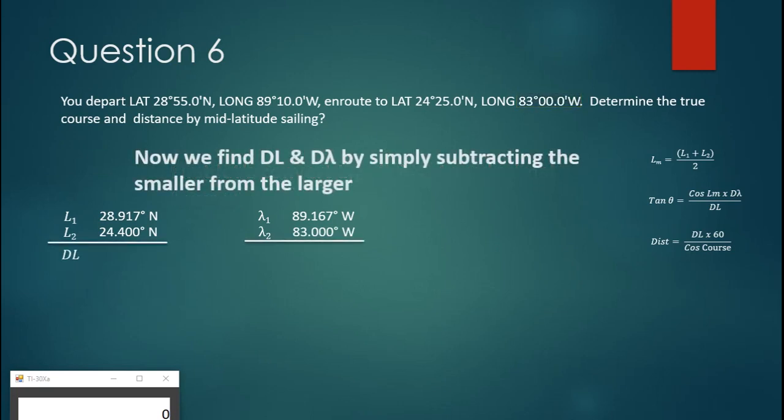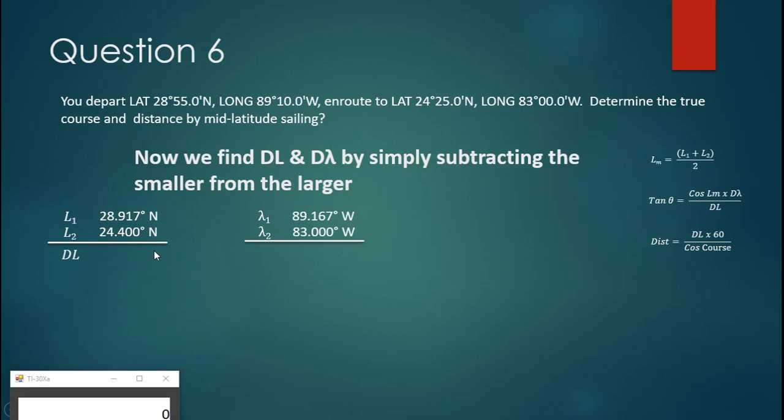Okay, so now we can get DL and D lambda simply by subtracting the smaller from the larger. But this is something you have to look at here. If our L1 is 28.9 north and we're traveling to 24.4 north, we're going in a southerly direction.